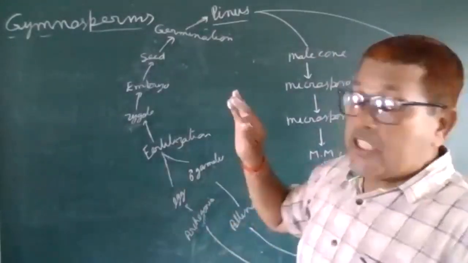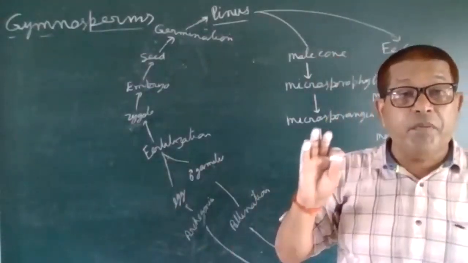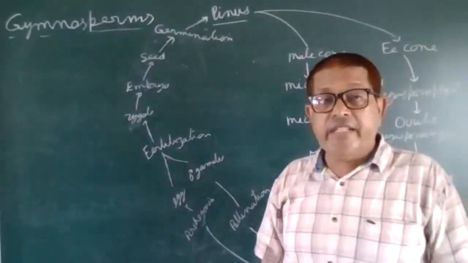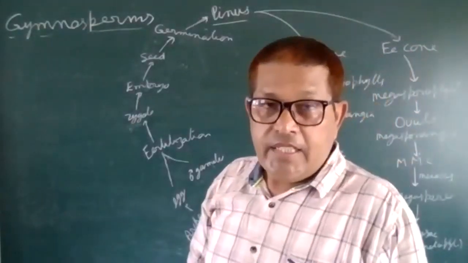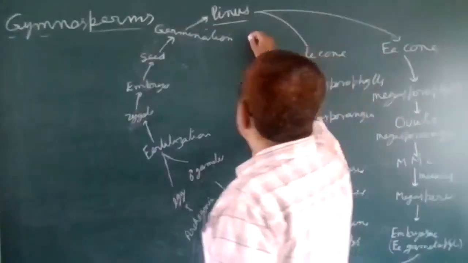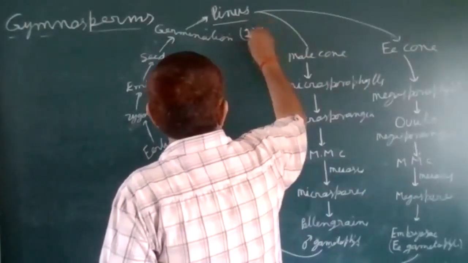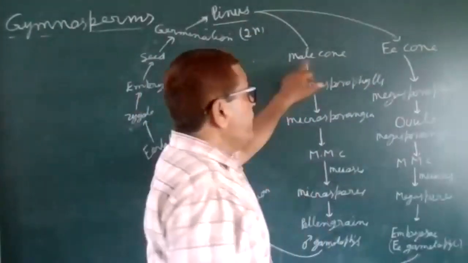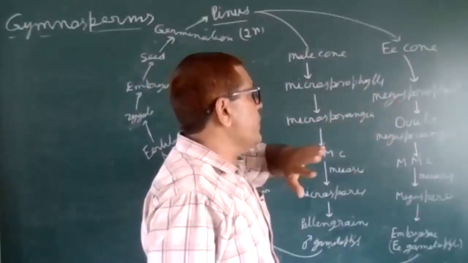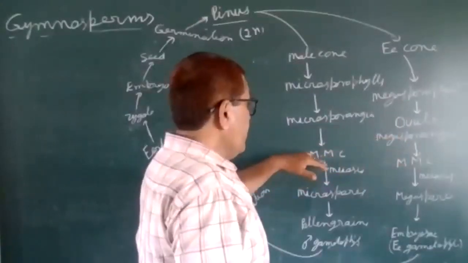In gymnosperm the main plant is the sporophyte. So is the sporophyte haploid or diploid? This is 2n, means diploid. Male cones and female cones are also diploid. Microsporophyll, megasporophyll are also diploid. Microsporangia, ovules are also diploid.